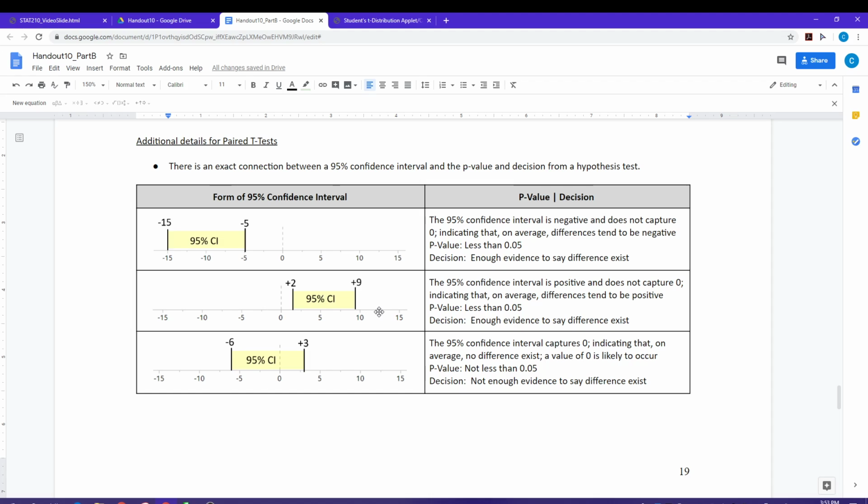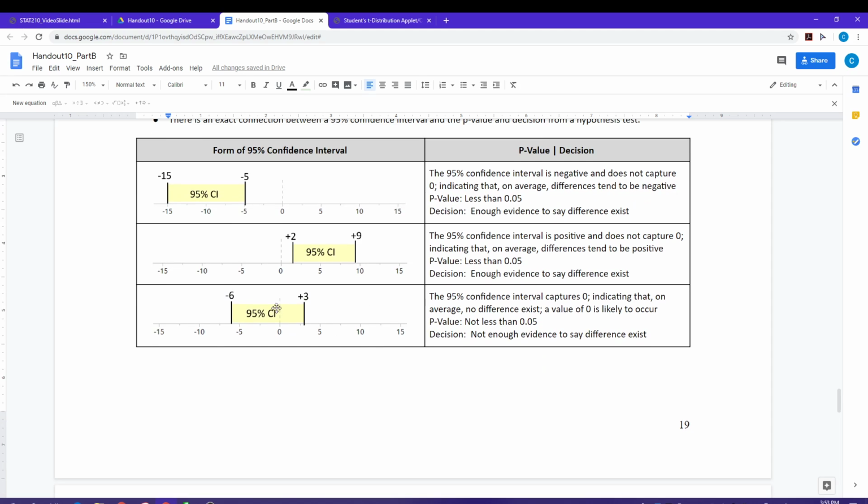Okay. The 95% confidence interval is positive and does not capture 0 again, indicating that, again, on average, a difference exists. The third interval here does capture 0. So in this case, I am not going to have enough evidence to say a difference exists, because 0 is a likely value, and 0 indicates that there's no difference.